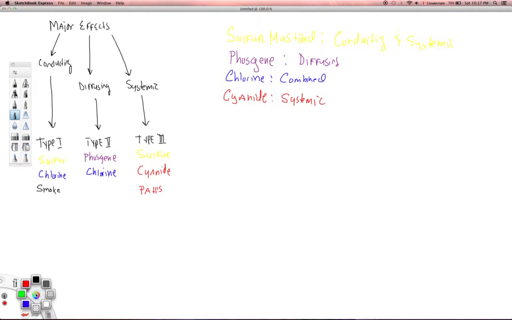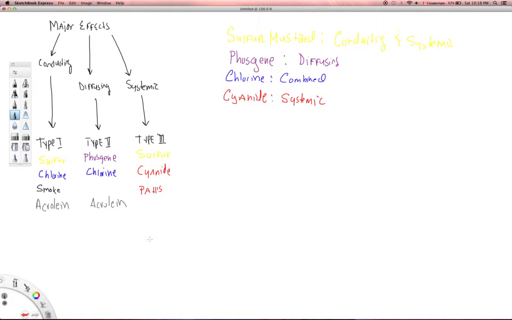Let's see if I can find another color. There we go. All right, just trying to throw some examples out at you there. Okay, I think that's pretty good for now.